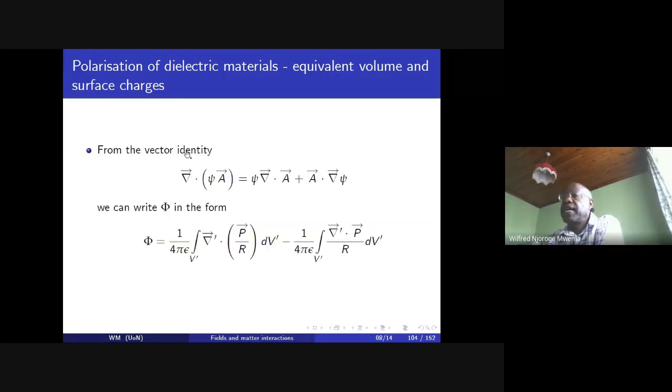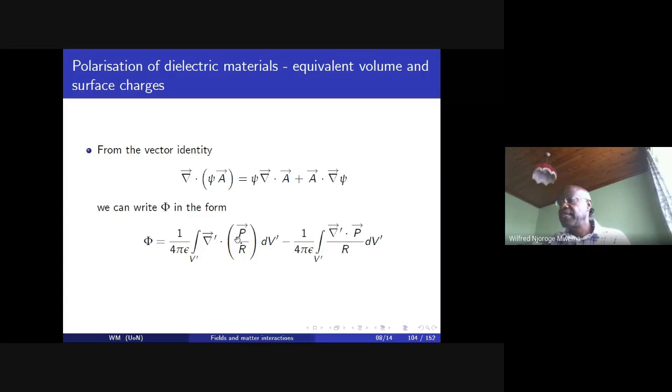So from vector identity, we know that the divergence of a vector that is multiplied by a scalar function psi is going to be given by psi multiplied by the divergence of that vector plus that vector dot, the inner product, the dot product with the gradient of the scalar function. And therefore, we can express phi in the form 1 over 4 pi epsilon.